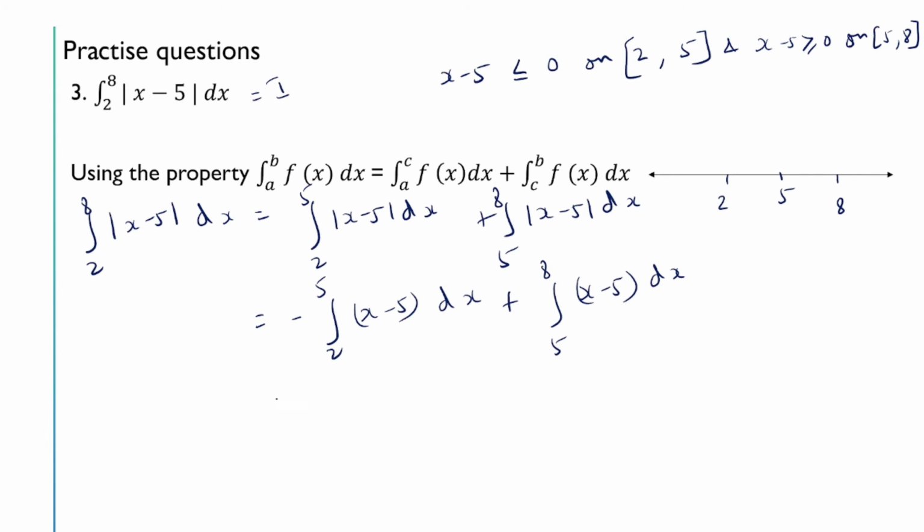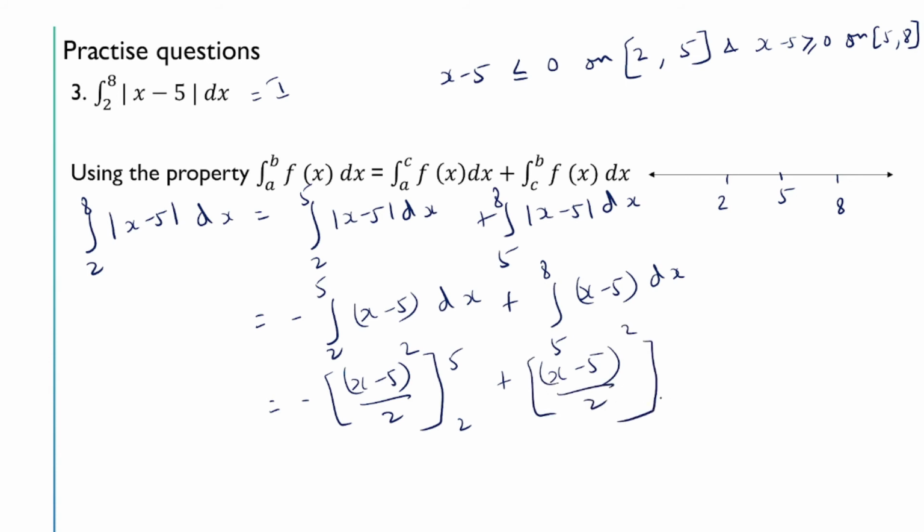Now we know how to solve this. Integral x minus 5 dx is (x minus 5) the whole square by 2, with the limits 2 to 5, plus (x minus 5) the whole square by 2 with the limits 5 to 8. Now if we substitute the upper limit, we get (5 minus 5) the whole square by 2, it is 0.